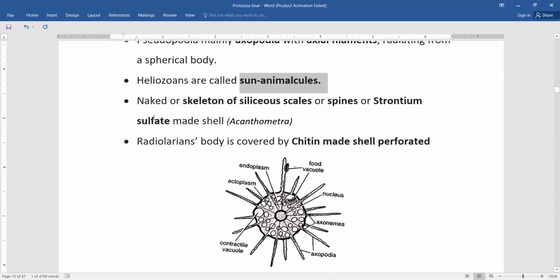They may be naked without any pellicle, or covered by a shell made up of silica. Some contain only siliceous scales without any shell. Some contain spines within the cytoplasm. I told you strontium sulfate also makes a shell surrounding these animals.